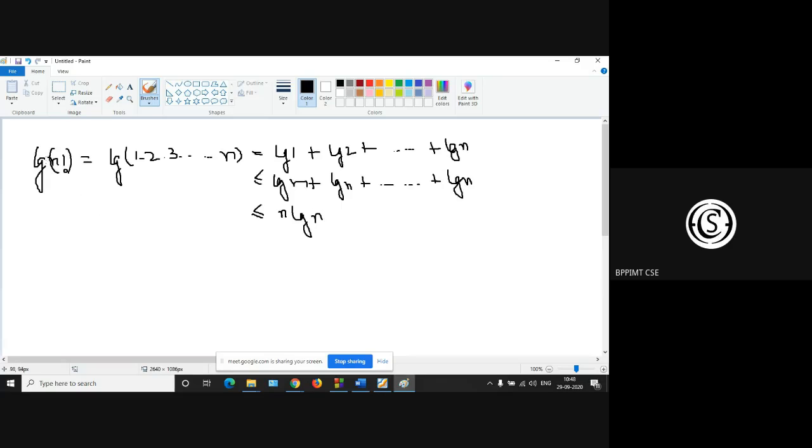So we can prove that this log n factorial function is big O of n log n. Any problem? Okay. So what will be the value of C? Here the value of C is 1, right? And the value of n0 is greater than or equal to 2.